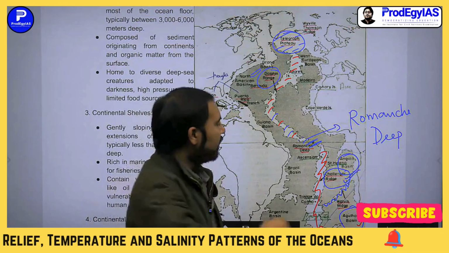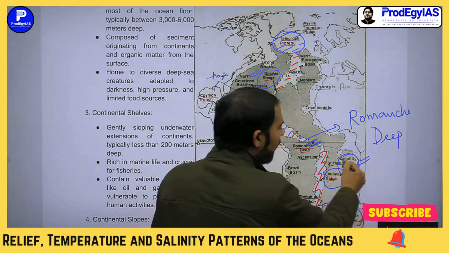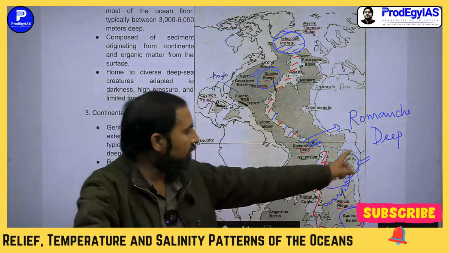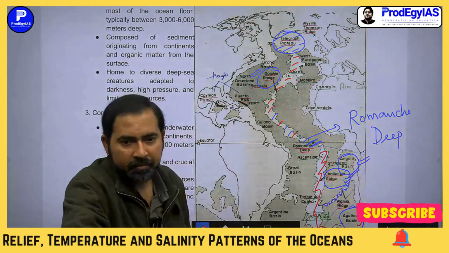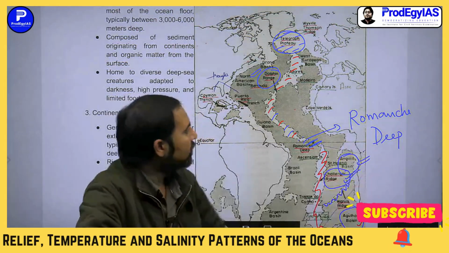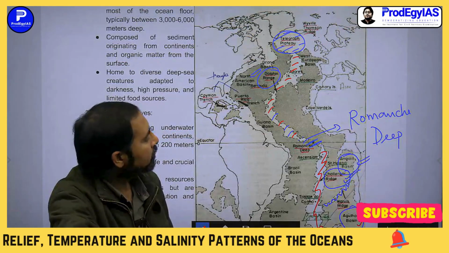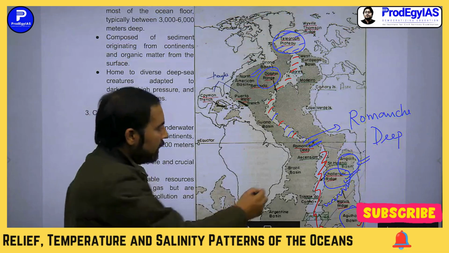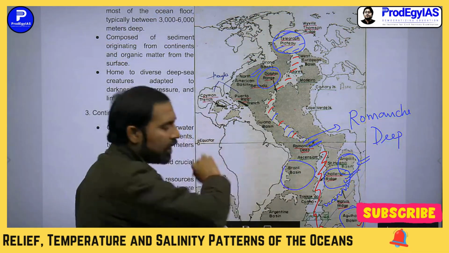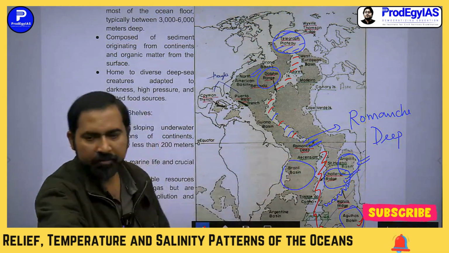Here the basin part is known as Angola basin, because a country named Angola is here on the African coastal part. This part of the basin is known as Brazil basin, because it is alongside Brazil.